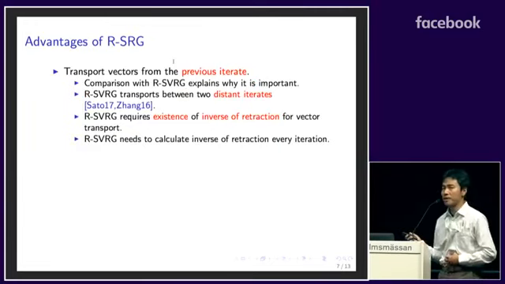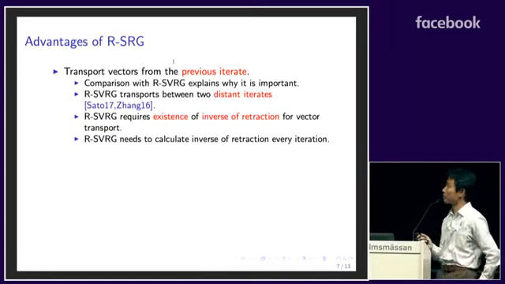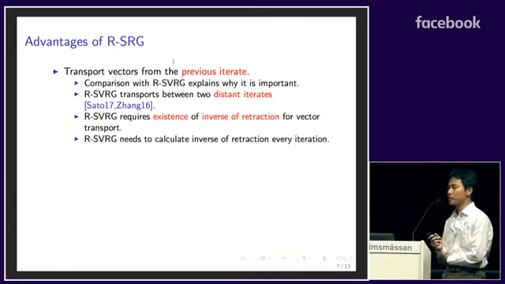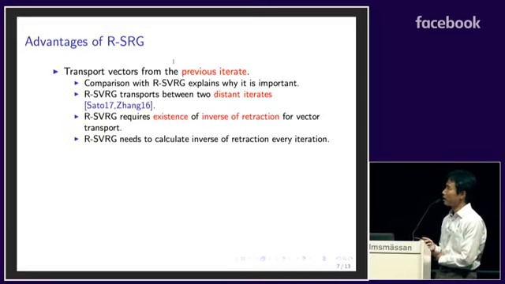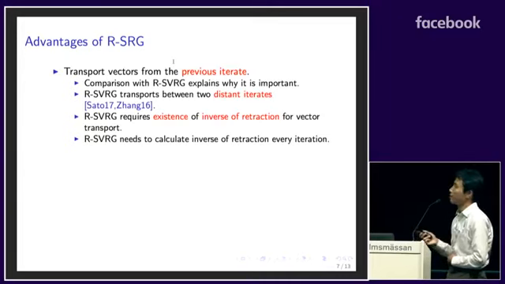So let me summarize the advantages of the RSRG. As I said, the RSRG transports the vectors from the previous point Wt minus 1. This is the most important point, specialized in the Riemannian setting, because this advantage becomes much clearer by comparing with RSVRG. RSVRG transports the vectors between two distant iterates.